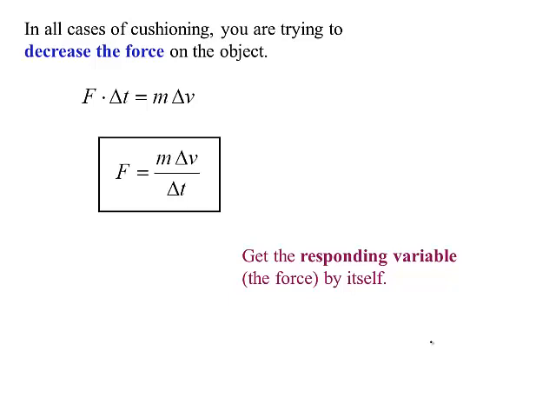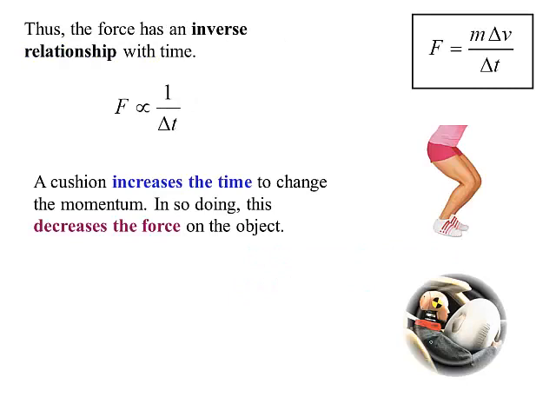So we start off with our formula for impulse. F delta t equals m delta v, solved for force, and we have F equals m delta v over delta t. From that formula, we can see we've got force on the left, and change in time in the denominator on the right, so it's an inverse relationship.